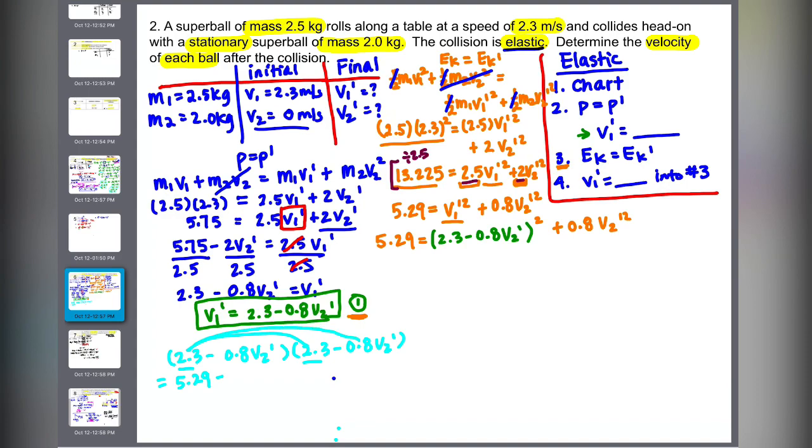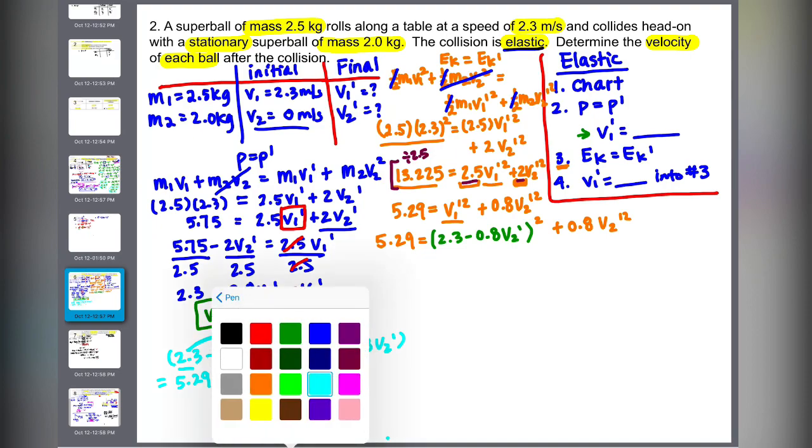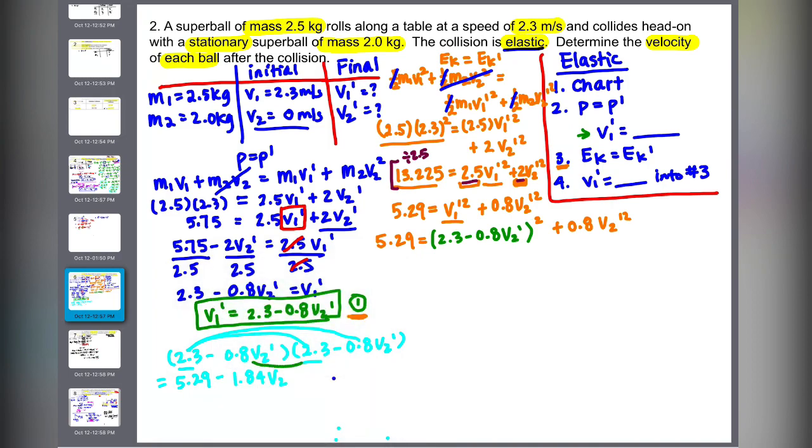Outside is 2.3 times negative 0.8, which is minus 1.84 v2. And then I have the inside, so negative 0.8 times 2.3, which is also minus 1.84 v2 prime. And then finally your last, the minus times minus makes a positive. So 0.8 times 0.8 is a positive 0.64 v2 prime square.